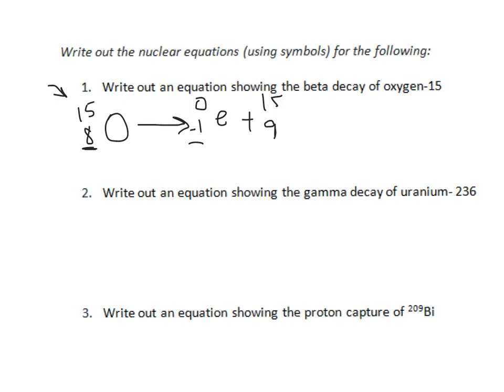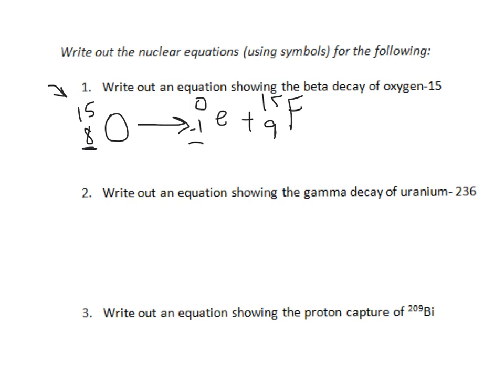That way they're balanced on the left and the right. The fact that we have an atomic number of 9 tells me what my element is. And you should take a second to go look it up if you don't know it off the top of your head. If you do, that's awesome, but you'll see that it is fluorine. So beta decay of oxygen 15 actually turns an oxygen atom into a fluorine atom.